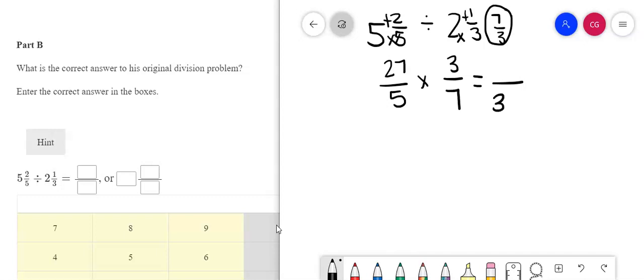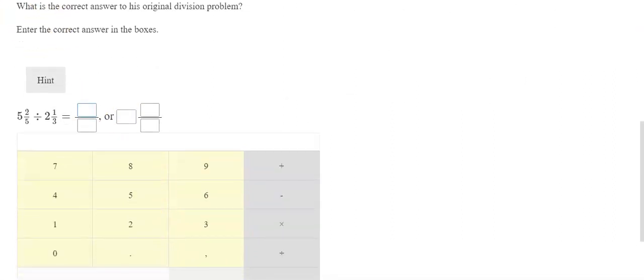5 times 7 is 35. 27 times 3 is 81. So I have 81 over 35. So we're going to put 81 over 35 right here.